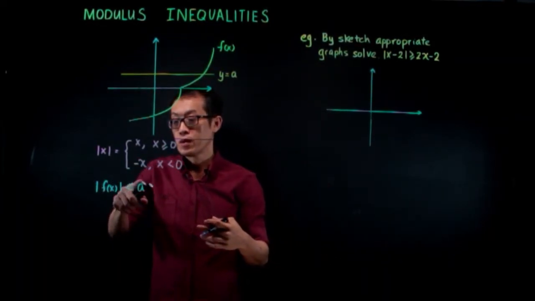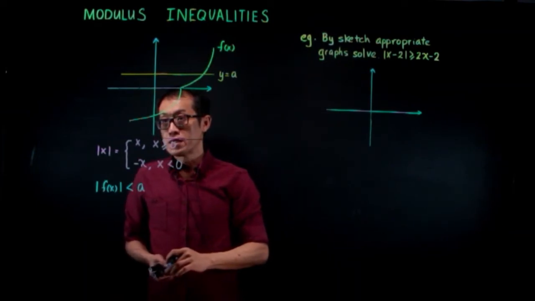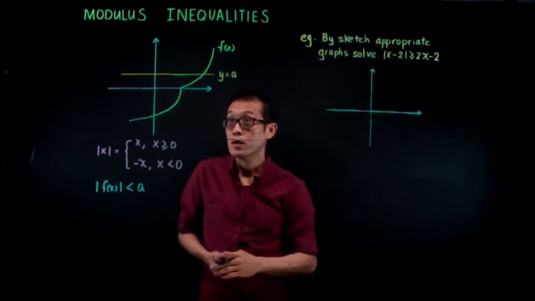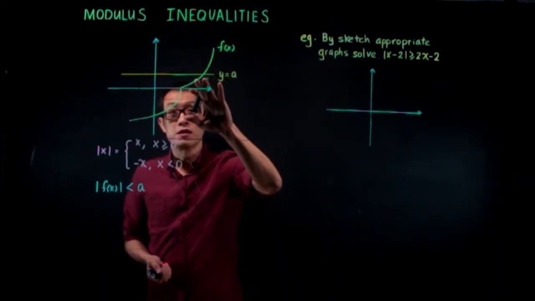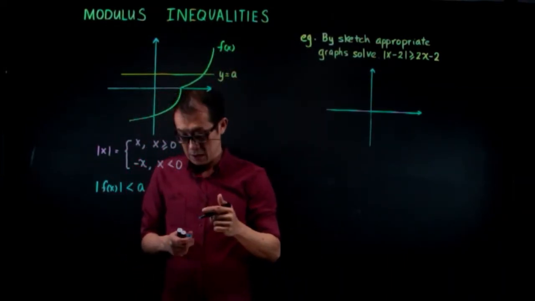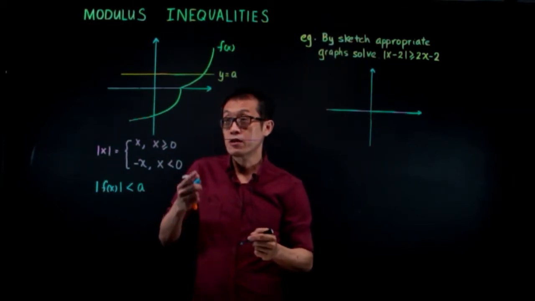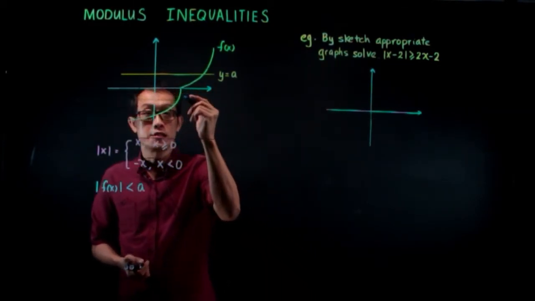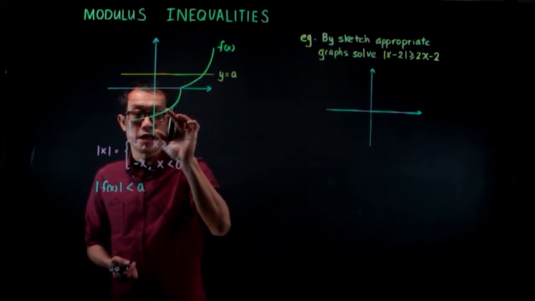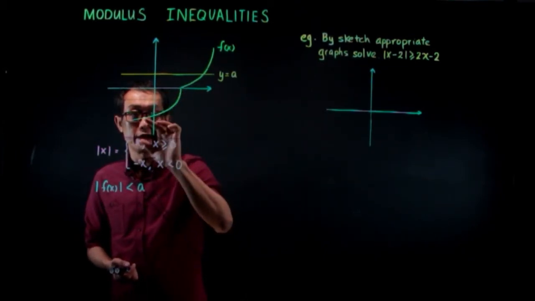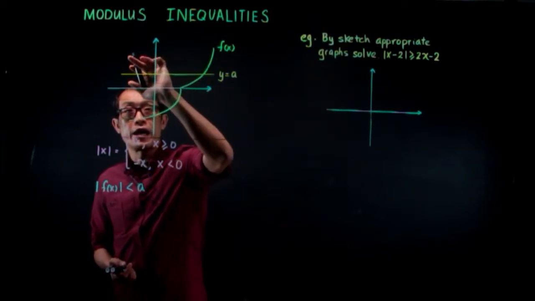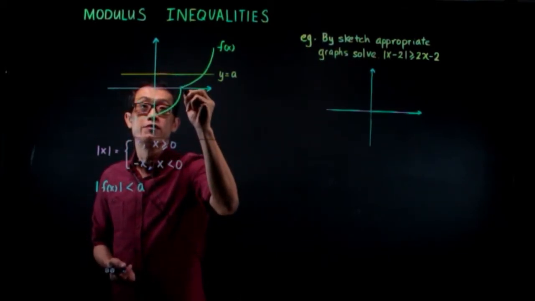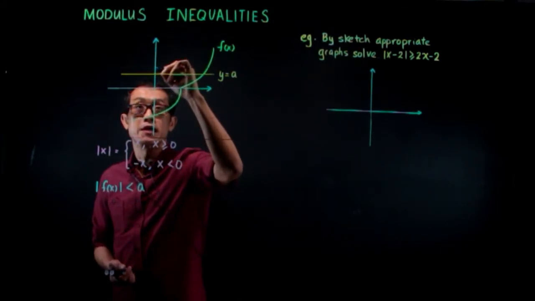Now, what does this mean? If you look at a graph, this is the graph of f of x. Now, let's sketch the graph of mod f of x. So, you learn in sec 4, when this is the negative value of f of x, you reflect it about the x-axis. So your graph will look something like this.